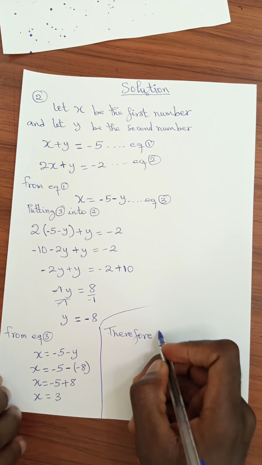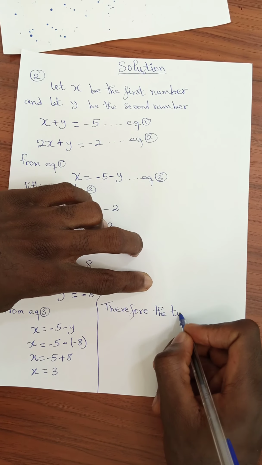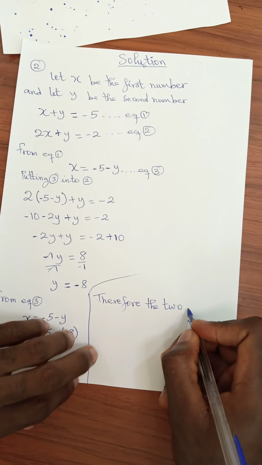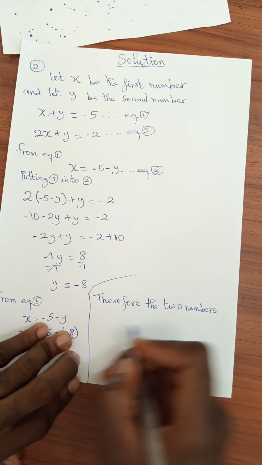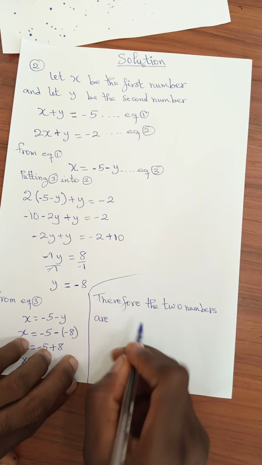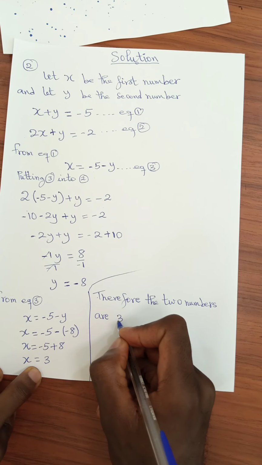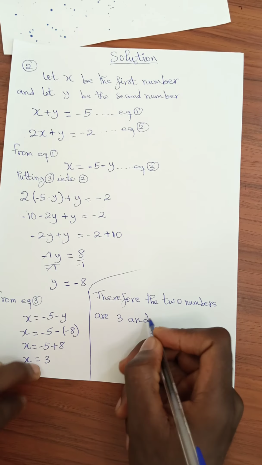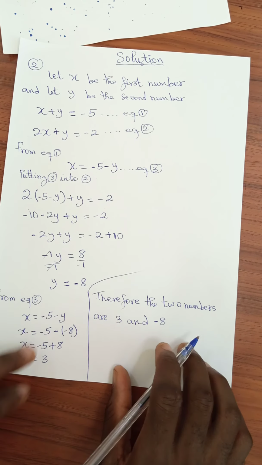So therefore, the two numbers are x, 3, and y, negative 8, right?